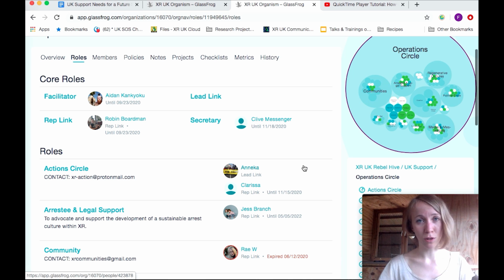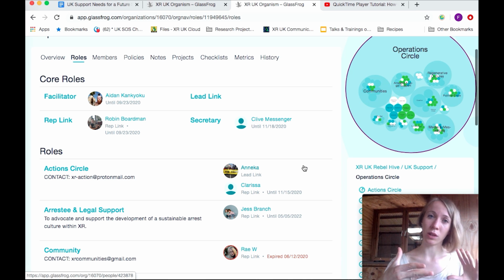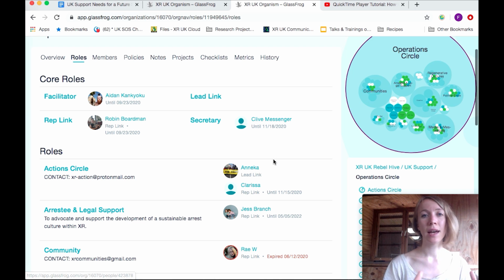What Annika might not know is that when she was added to GlassFrog, an account was created for her on GlassFrog. So if you're not aware that you have a GlassFrog account, what you should do is go into your email inbox, search for GlassFrog, scroll all the way down, and at some point you must have received an invitation from GlassFrog to set up your own password and GlassFrog account.